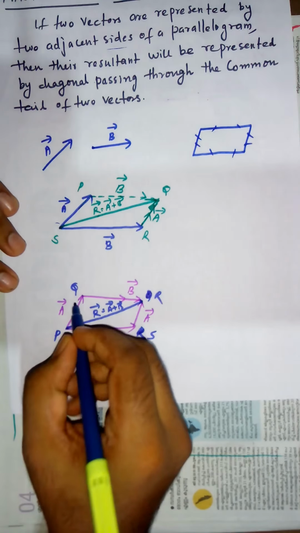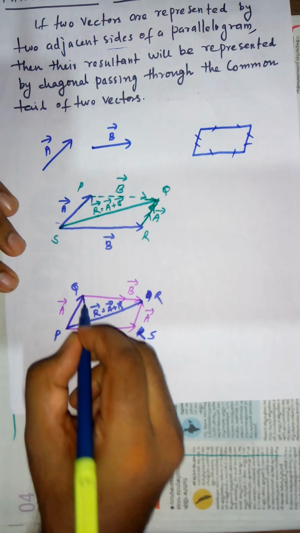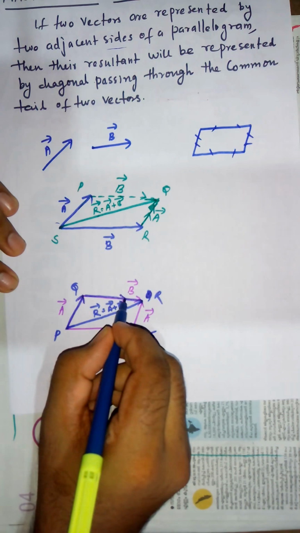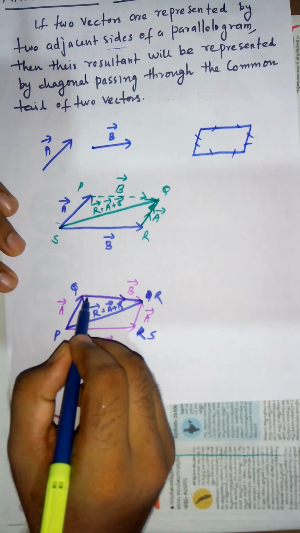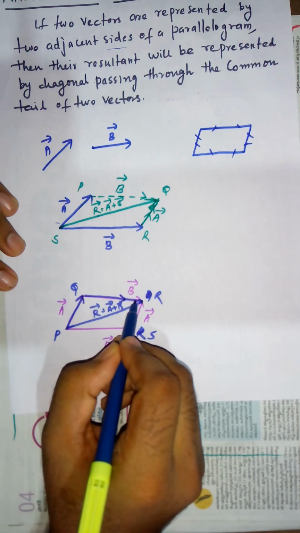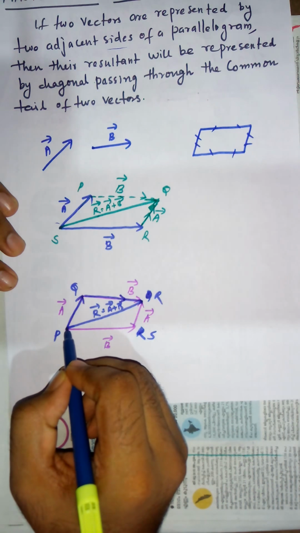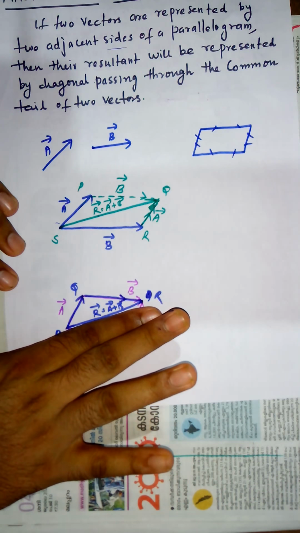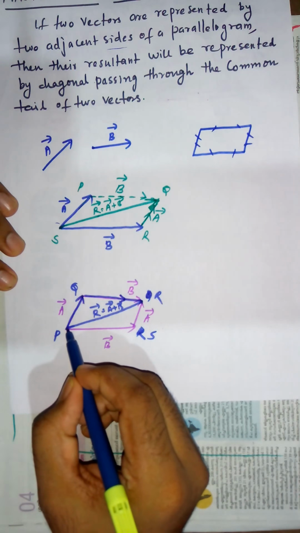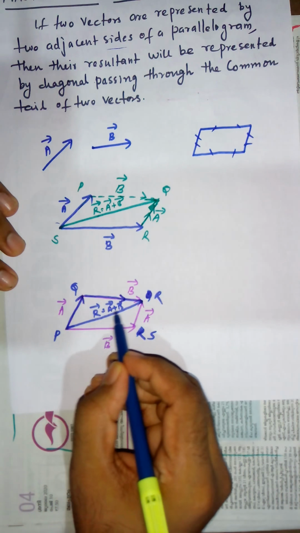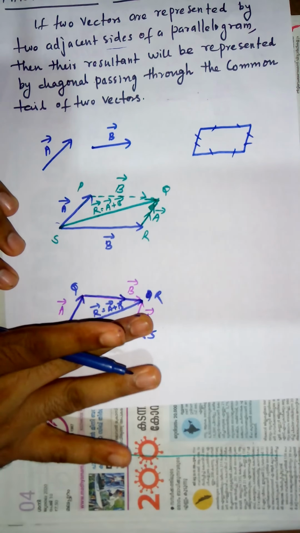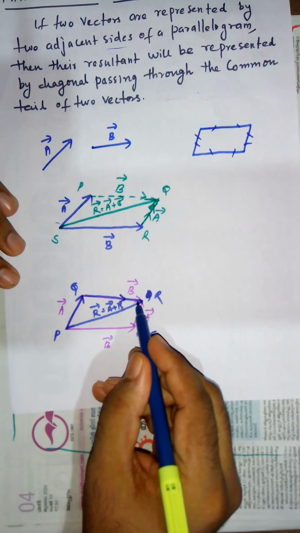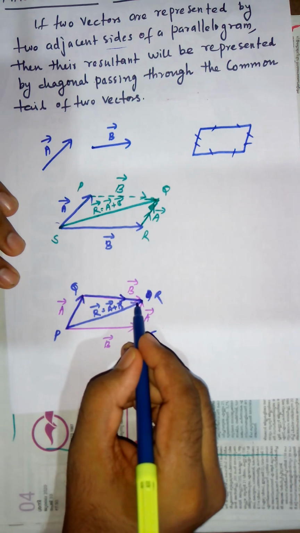You see, vector A and vector B are two vectors which have been taken in the same order, right? Then the diagonal is actually the third side of this triangle, taken in the opposite order.